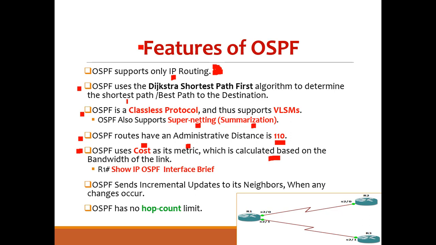A metric is a measurement by which they calculate the best path, right? So RIP uses hop count, EIGRP uses bandwidth and delay, and OSPF uses cost for its metric calculation. But how will they get the cost? Every link has its own cost.